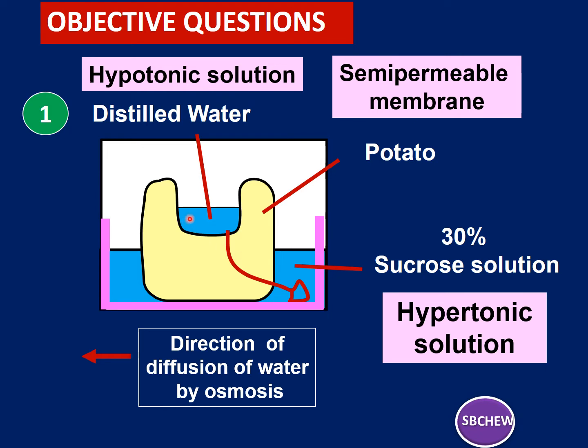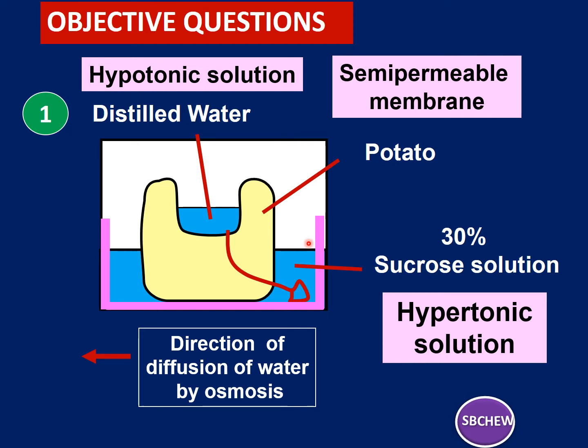Since water diffuses out from the distilled water into the 30% sucrose solution, the distilled water is losing water molecules, so the level of distilled water will go down. But the level of sucrose solution will come up because it's receiving the water molecules.